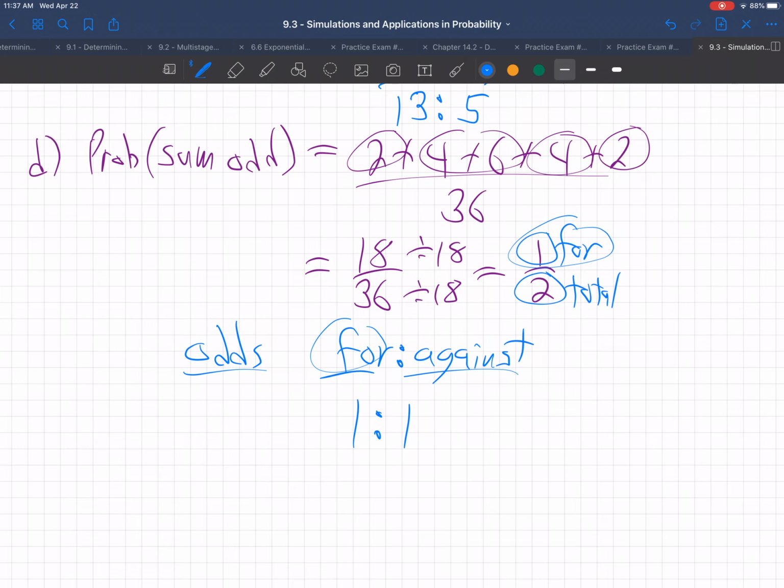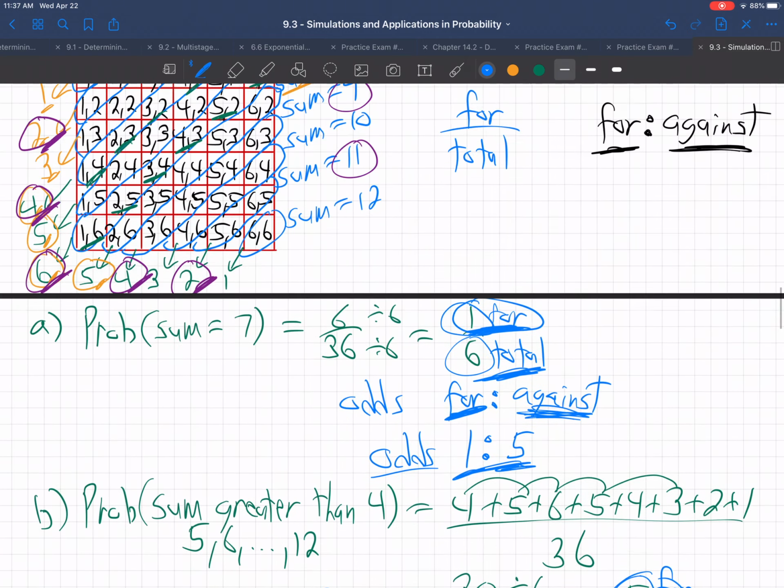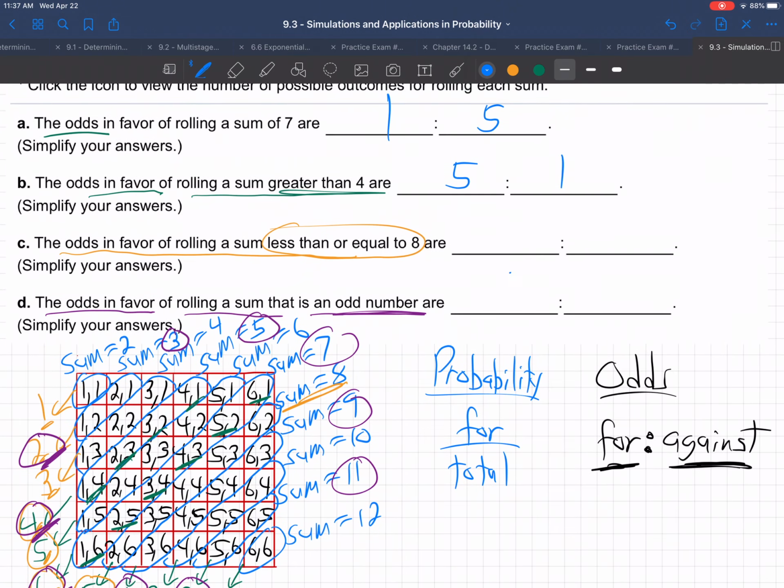Does that make sense? If there's 2 people total in the debate and 1 is for the issue, then there must be 1 against. It's 1 colon 1. The odds are even Steven, 1 to 1. That's how we say even Steven in odds. In probability, we say 1 out of 2, half chance, even Steven. In odds, we say 1 to 1. They're equal odds on that one.